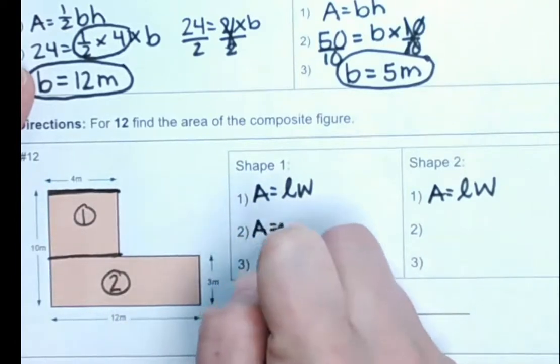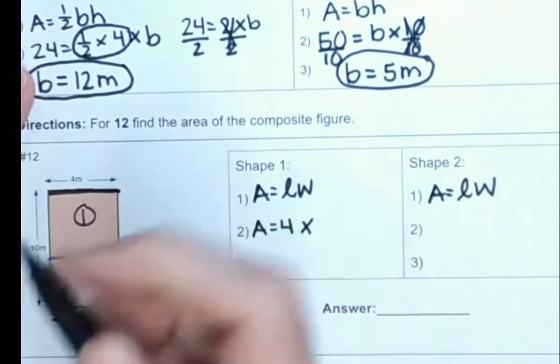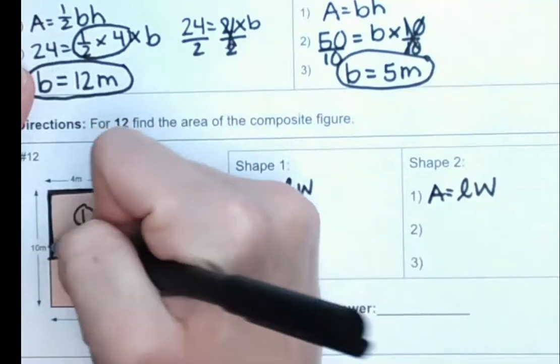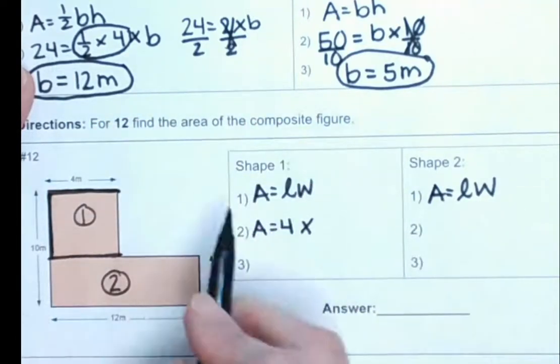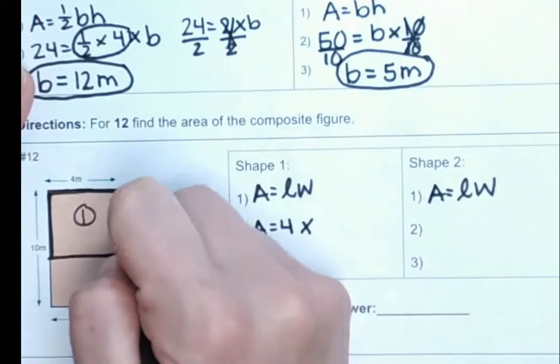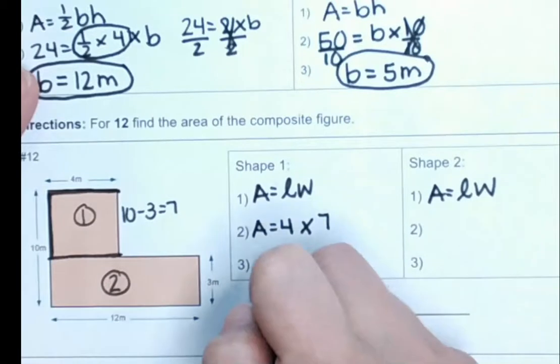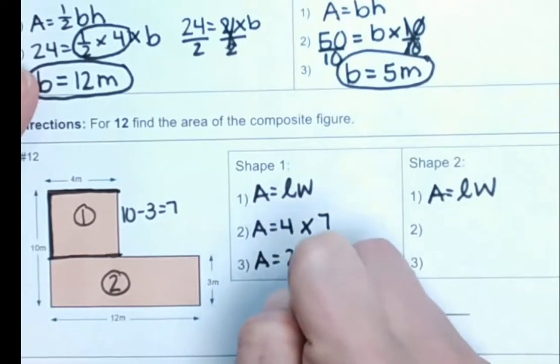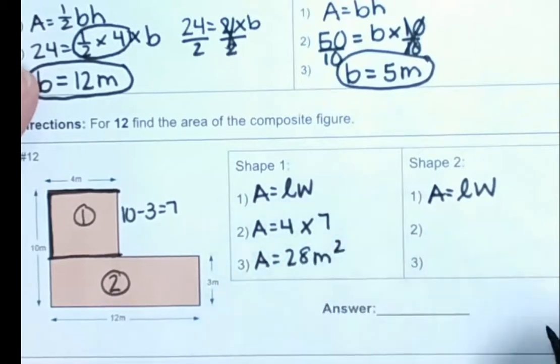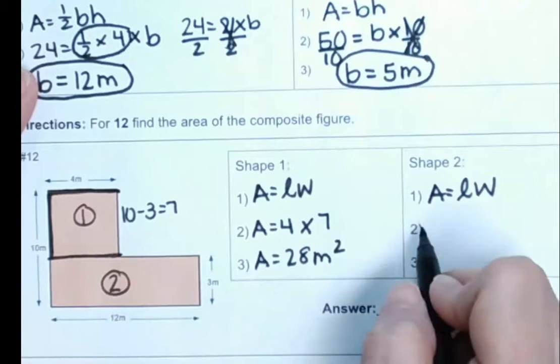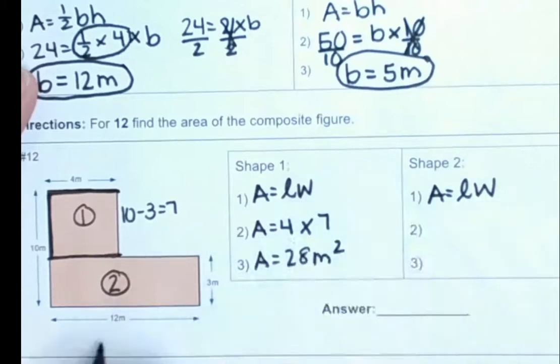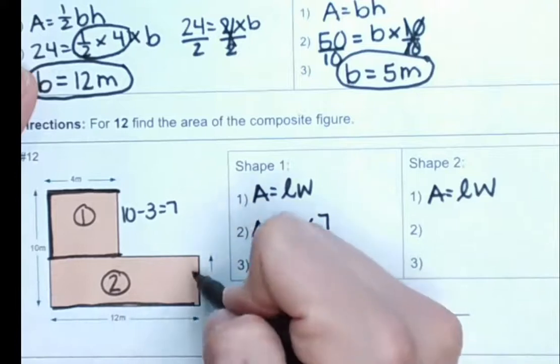So area equals 4 times, and now we need to find this right here. The full thing is 10, over here is 3. So 10 minus 3 equals 7. 4 times 7 is 28. So on this one, it's 28 meters squared. Over here, I have 12 by 3.